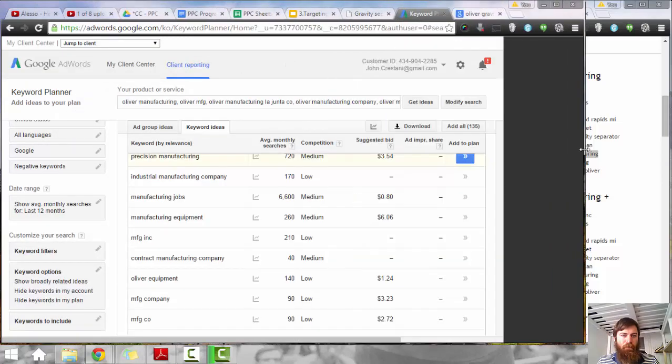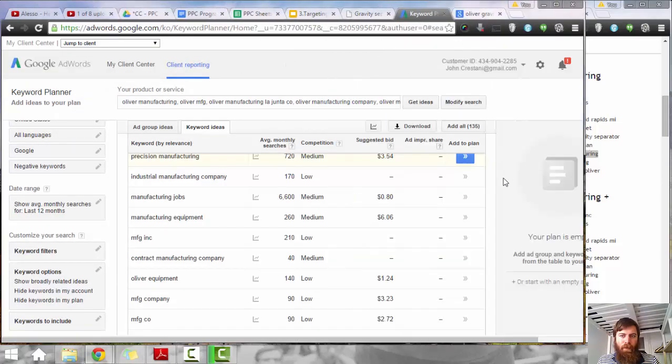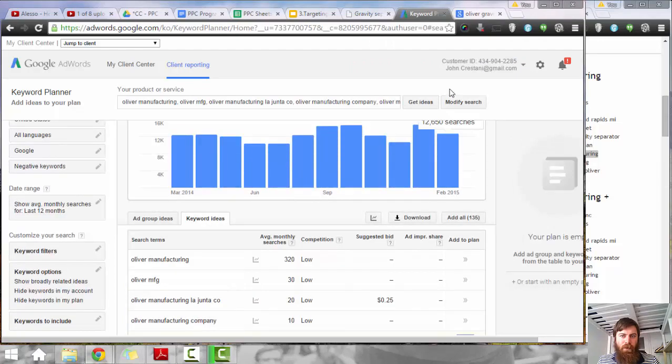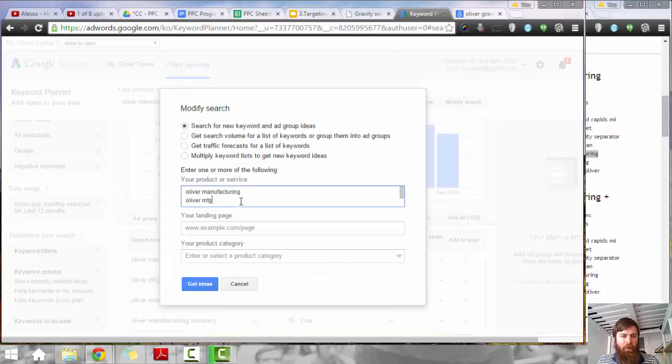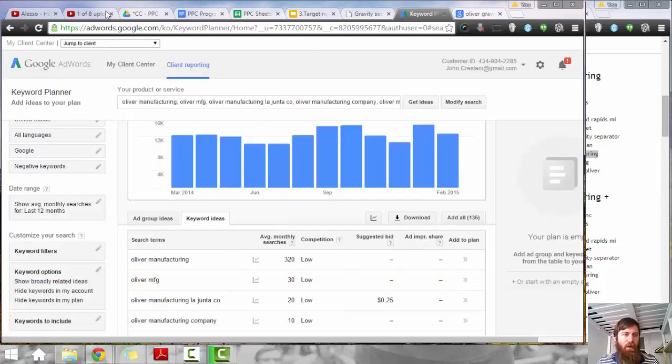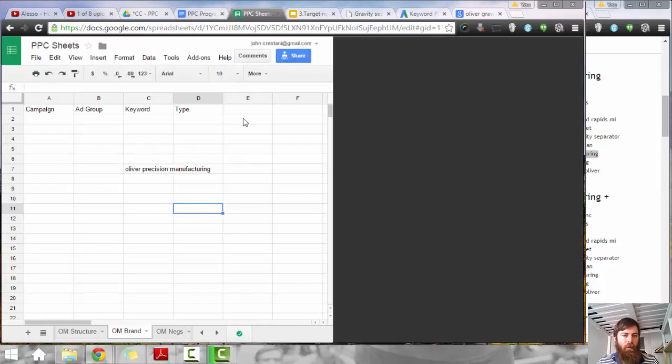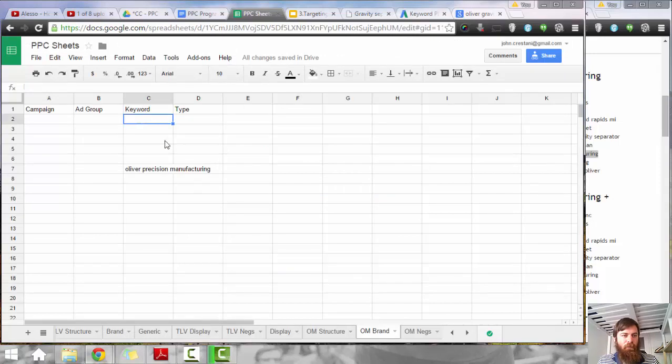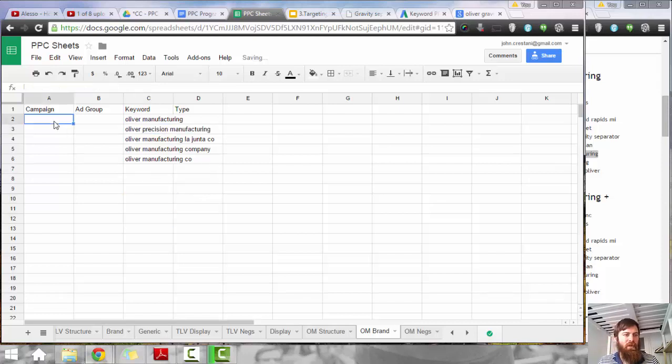Let's bring this up here. First I'm going to grab the current keywords we've got, and go back to our sheets and get rid of Oliver MFG. I'm going to throw in Oliver Precision Manufacturing. Brand.